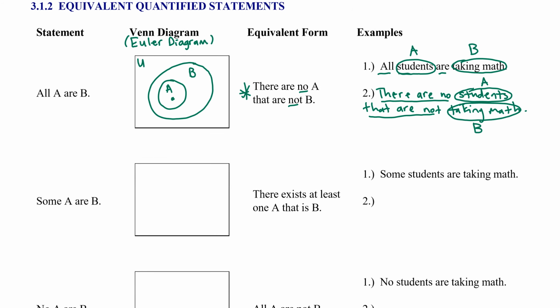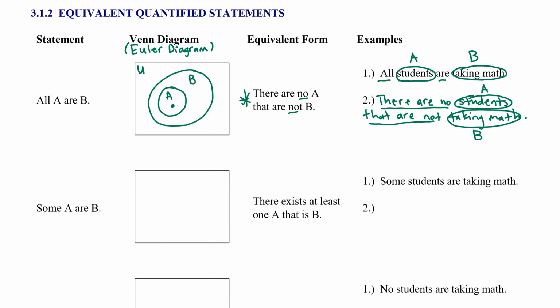Let's try this with another quantifier. Some A are B. We want to express the relationship between these two sets on our Venn diagram. The rectangle is the universal set.